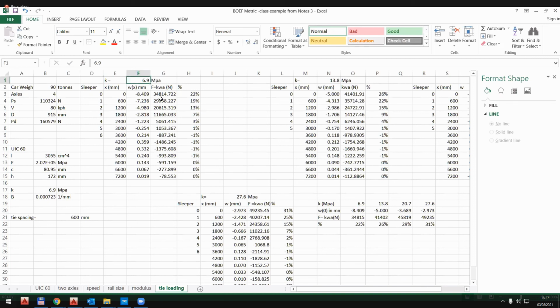So if the track modulus became 40, oops, a mistake in this particular one. Let's go over here. I changed them.